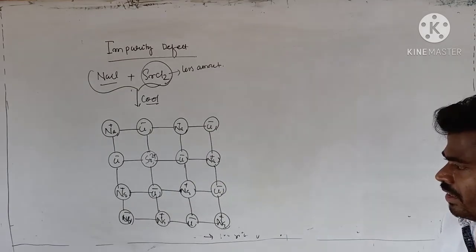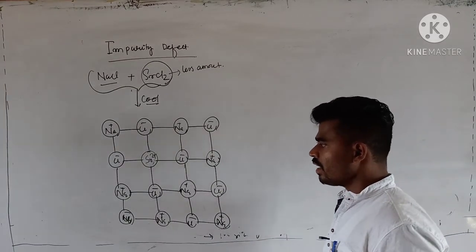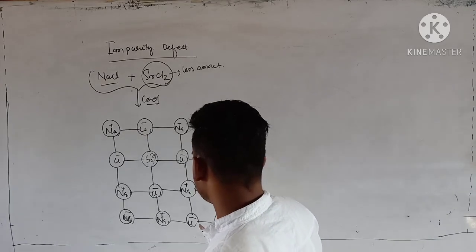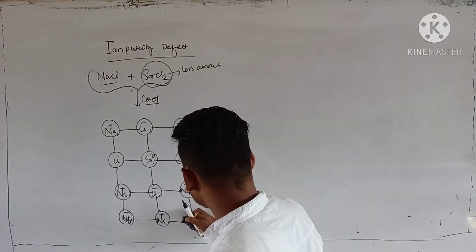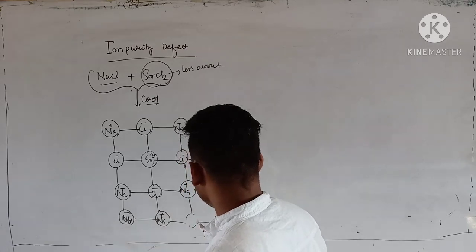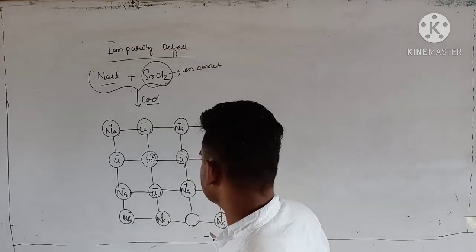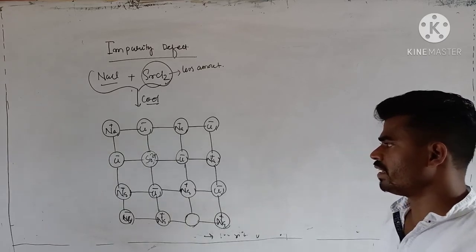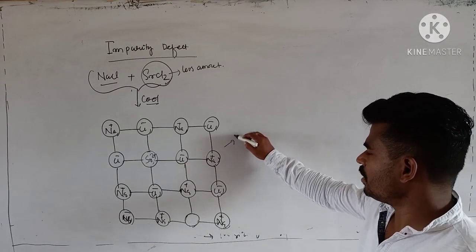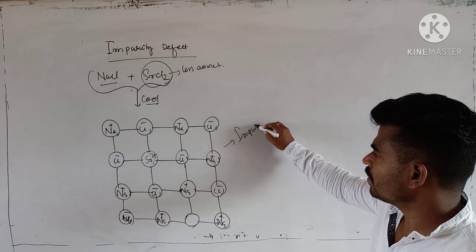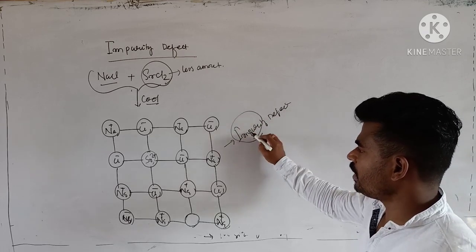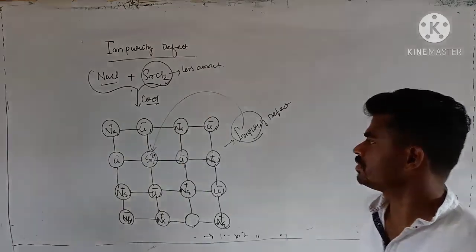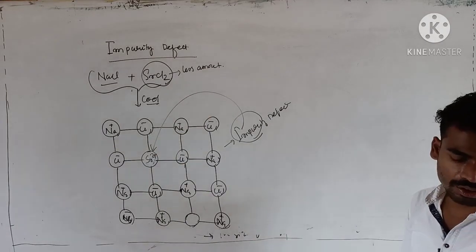Then in order to maintain electrical neutrality, one Cl minus is omitted from its lattice. This is called impurity defect, and the impurity is strontium, Sr2 plus.